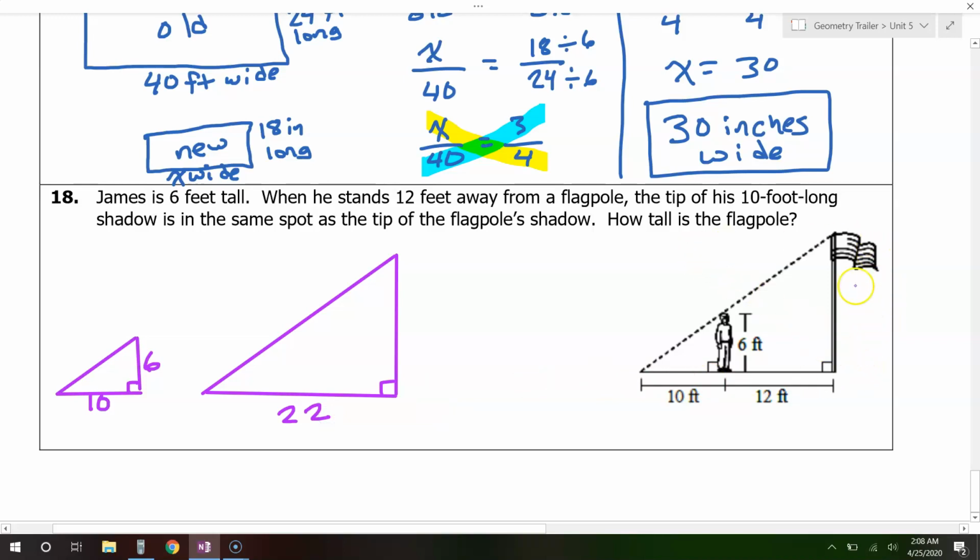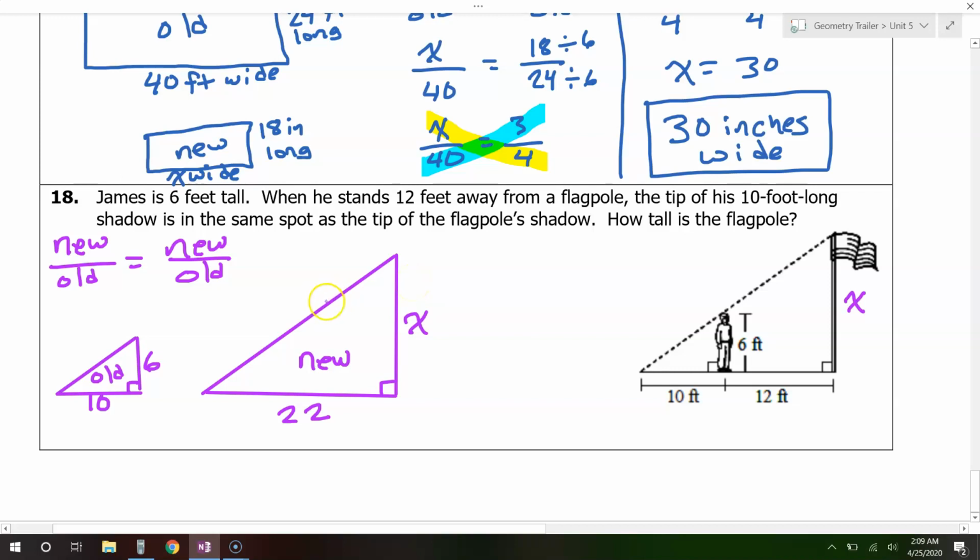And how tall is the flagpole? That's what we're trying to find, so that's going to be right here. Let's call that x. Let's go ahead and call one of the triangles new, and we will call one triangle old. It does not matter which one is which, as long as you write your equations in the form new over old is equal to new over old.